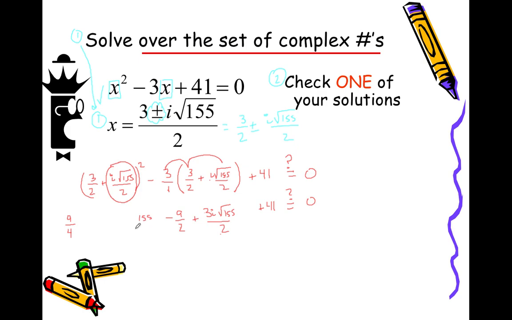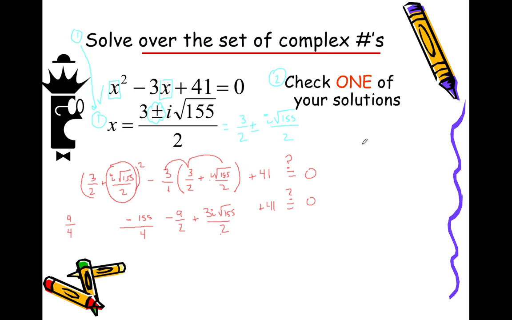You get 155, right? What happens when you square the denominator? You get 4. What happens when you square i? Right? But what about the middle terms? What do you do with the middle terms?